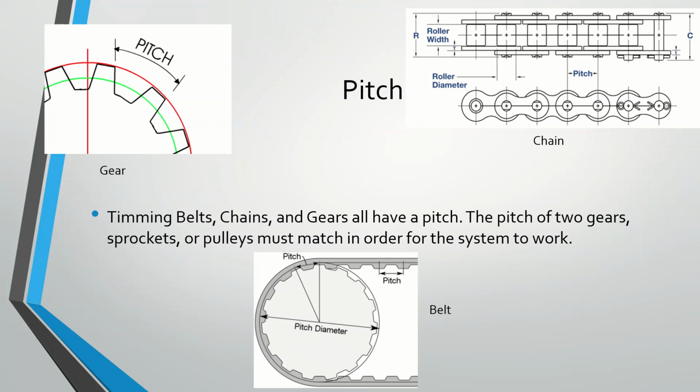All right, so your belt, or anything that is timed, like a timing belt, or a chain, or a gear, are all going to have pitches, okay? Basically that's just a relationship between the diameter and the number of teeth, or in the case of a chain or a belt, the linear distance between teeth. So you can have a pitch of, let's say, 2 millimeters.